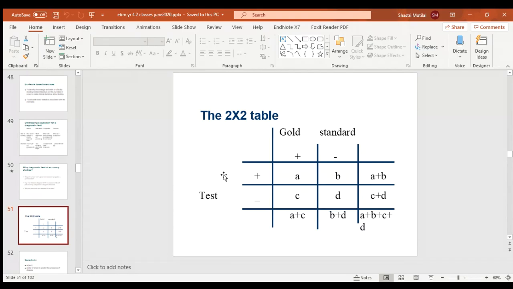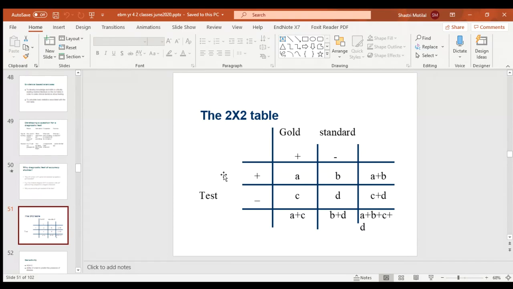Take, let's say, 100 people, subject everyone to the index test, and then subject everybody to the gold standard, whatever that is, depending on what you're trying to diagnose. So each person gets 2 tests done. That's what this table is showing. Based on the results, you can classify people into one of these 4 categories: A, B, C, and D.